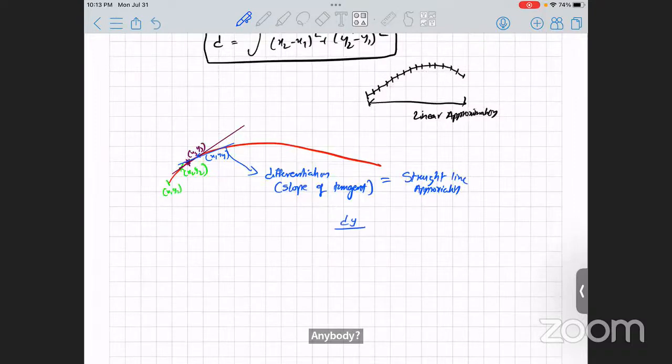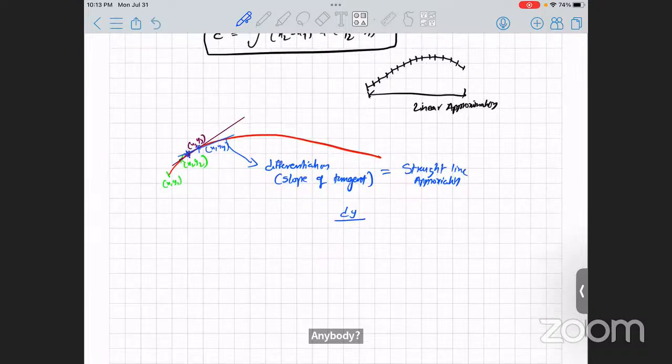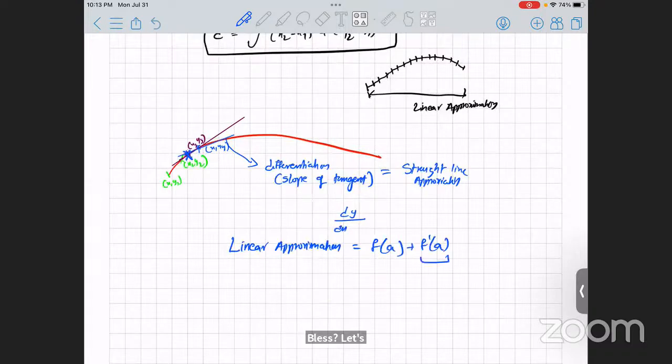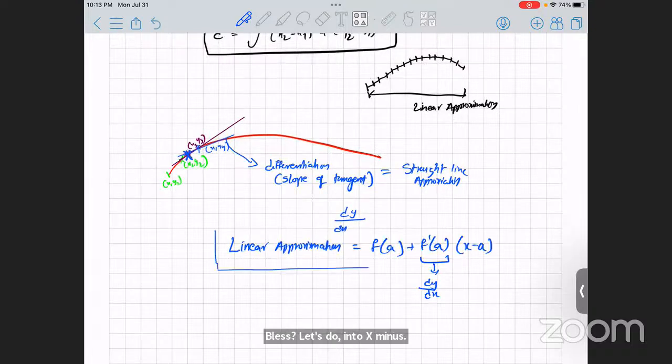But there is a straight line between two certain points. Linear approximation is equal to, remember this, f of a, the value at a particular point, plus f dash of a, meaning slope dy by dx, into x minus a. This is the linear approximation formula.